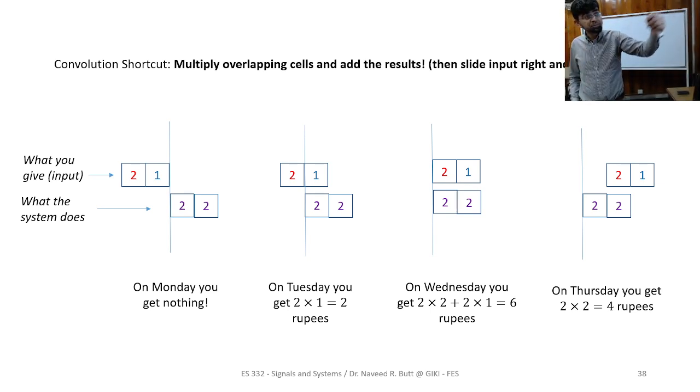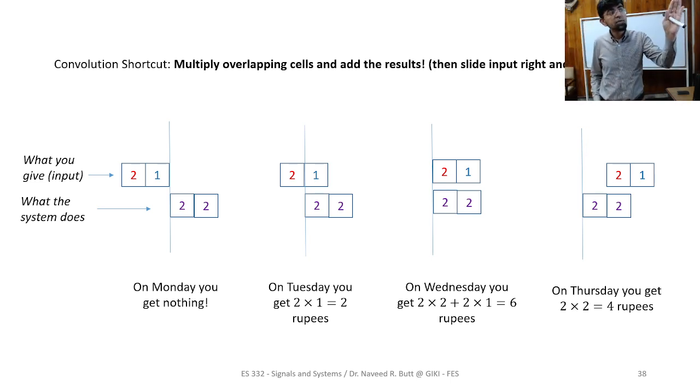On the third day, the response to the first input is over. Complete. The second input's second response remains, so that will be 2 times 2, 4. After that, it's completely out of the system, so no more overlap. So you will see, when we do convolution mathematically also, that you take the input, you take the system response, you send the first input in overlap, get the output.